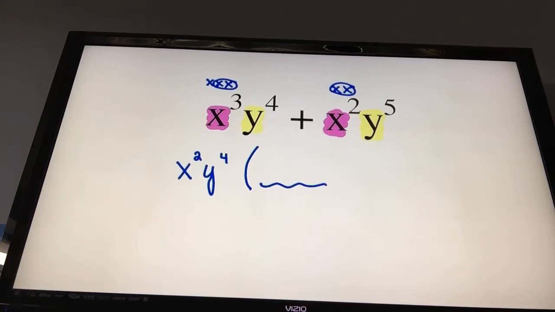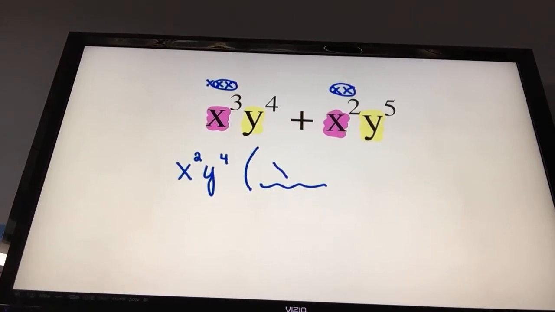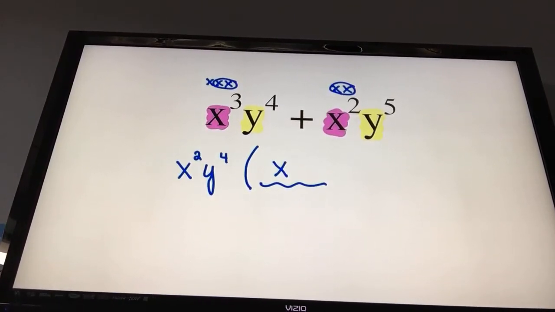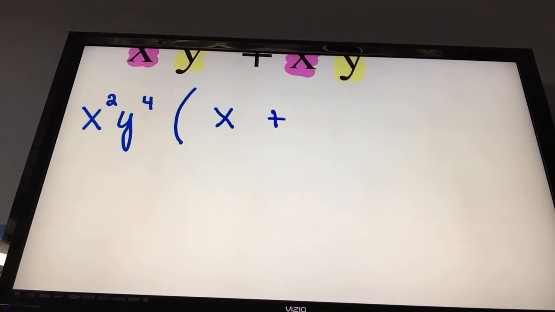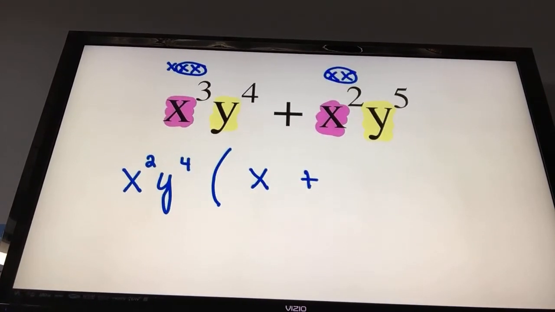X squared into x to the third is x, and y to the fourth into y to the fourth, gone. I took it all. Plus x squared into x squared is gone, took it all. And y to the fourth from y to the fifth is y to the 1, or just a y.